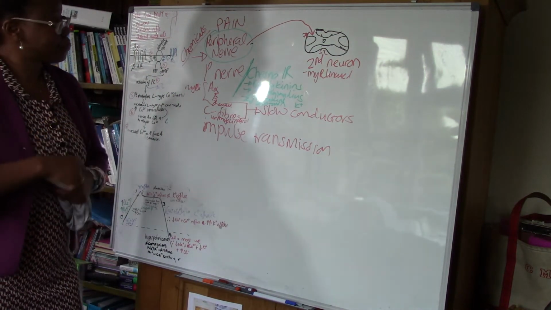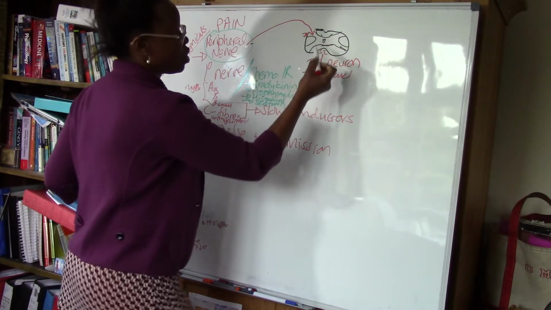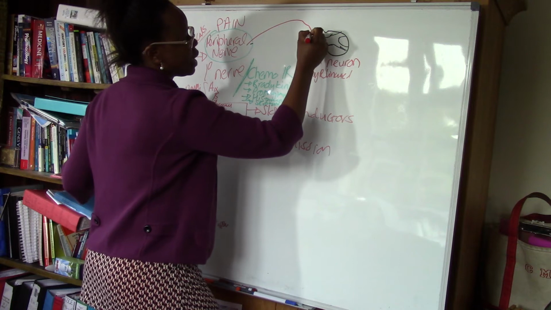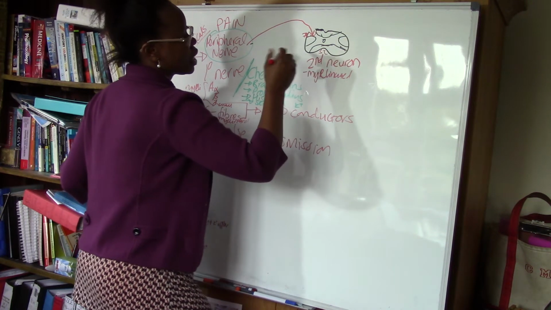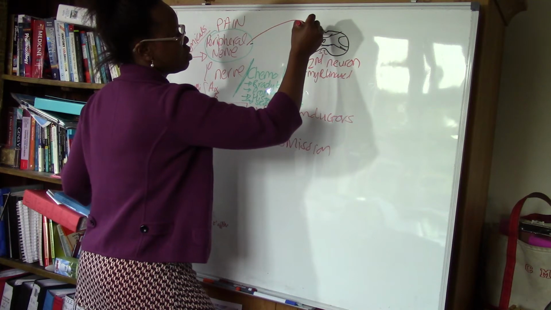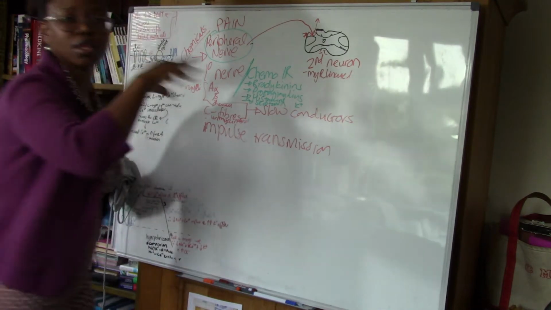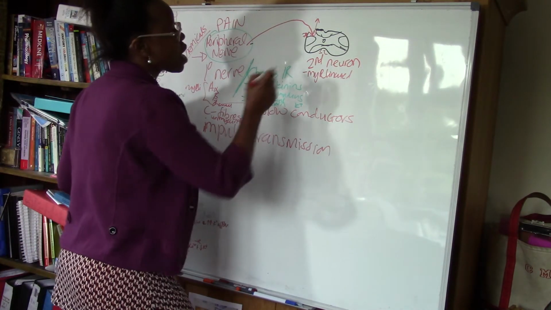Once that stimulus is received, this neuron here is called an interneuron, and immediately as it synapses, obviously, neurotransmitters are secreted there, causing that propagation of impulse.